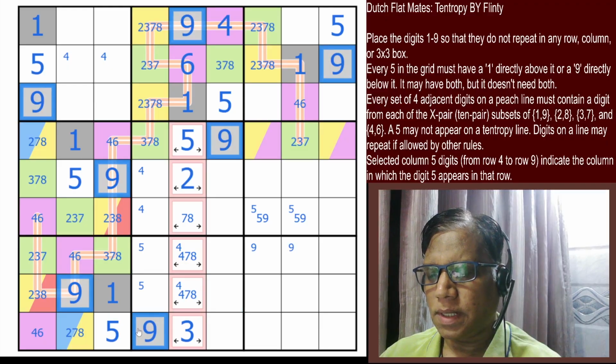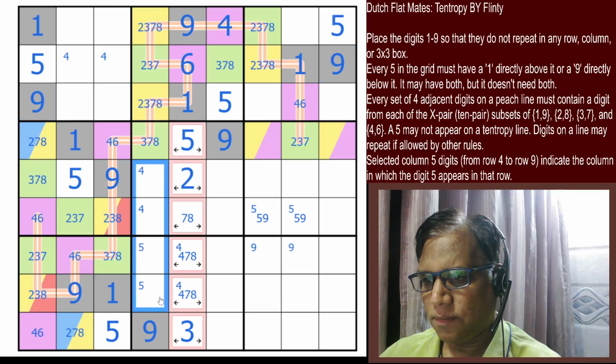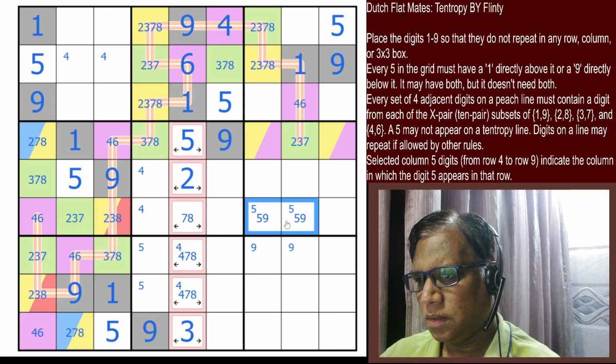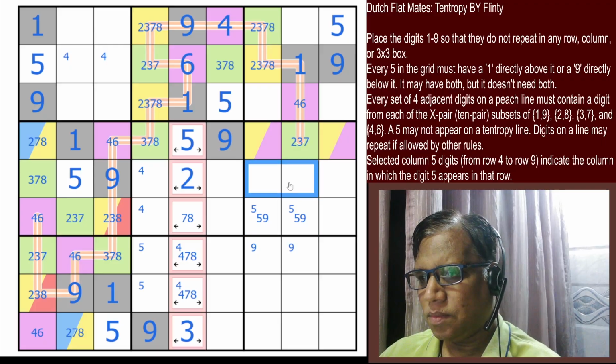I thought this would be the key, but it's not. 9. Oh, even 6 is also there, right? Somewhere. That's 5 9. If that's 5, yeah, but we don't know 1.